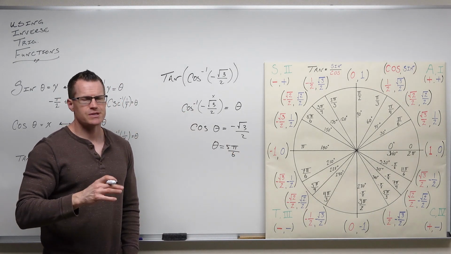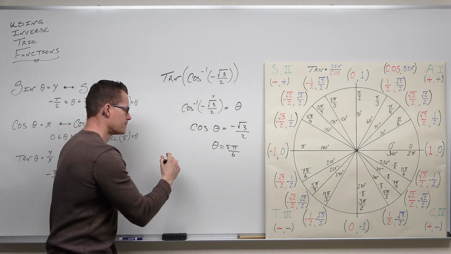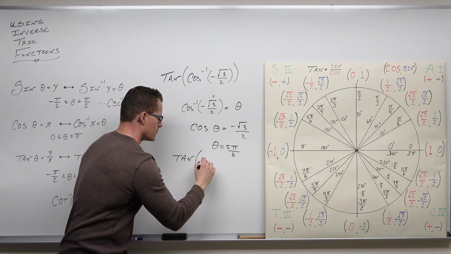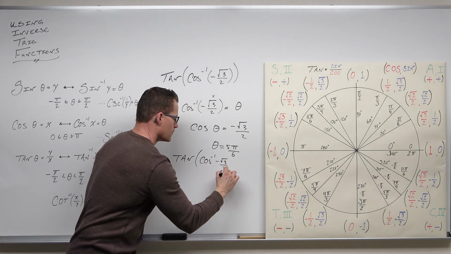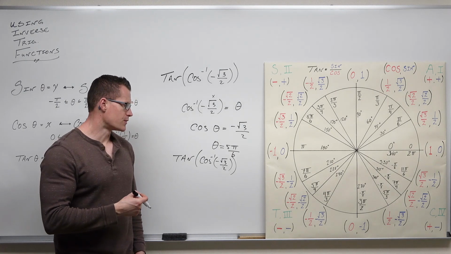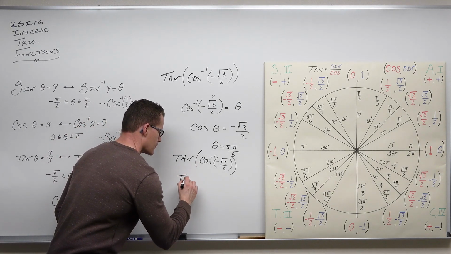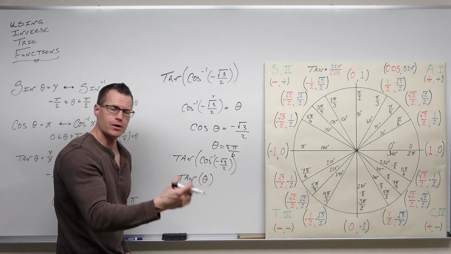Also, some teachers like you to show that because you called that theta, that you can write tan of cosine inverse of negative square root 3 over 2 as tangent of theta, but we now know theta.